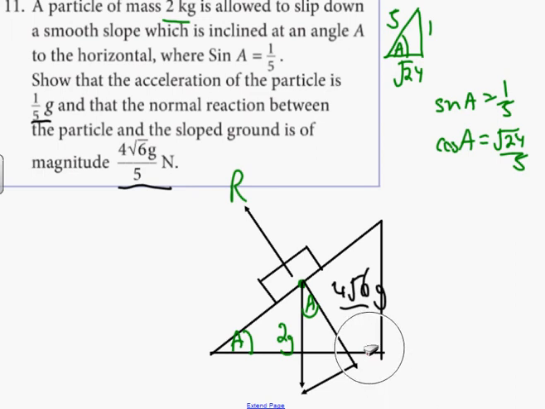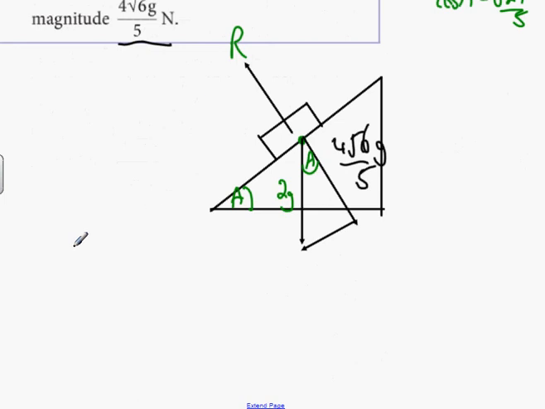And what happens here is it says show that the acceleration of the particle is 1/5 g and show that the normal reaction between the particle and slope ground is of magnitude this here. Okay, so the two things I want you to look at is that what goes up equals what goes down. So the R value, put that underneath.